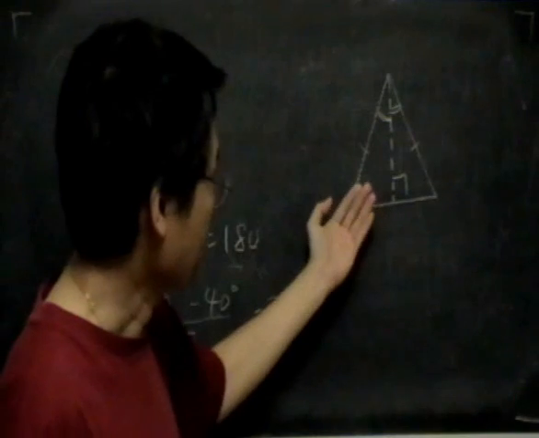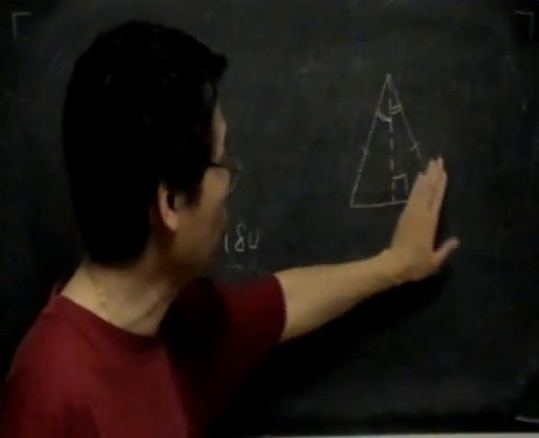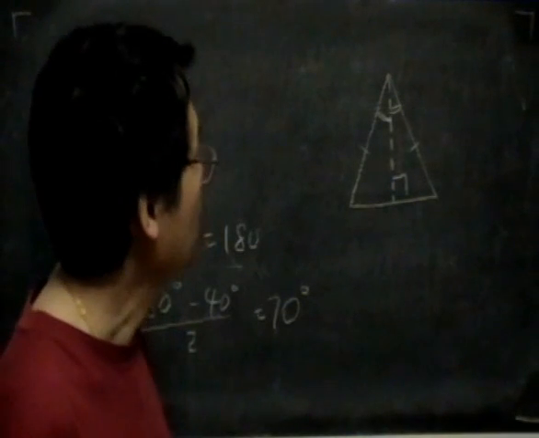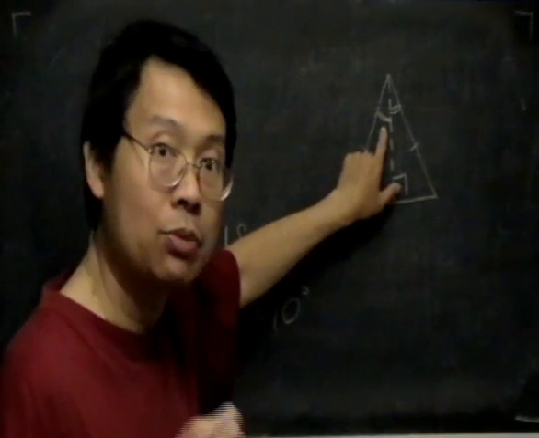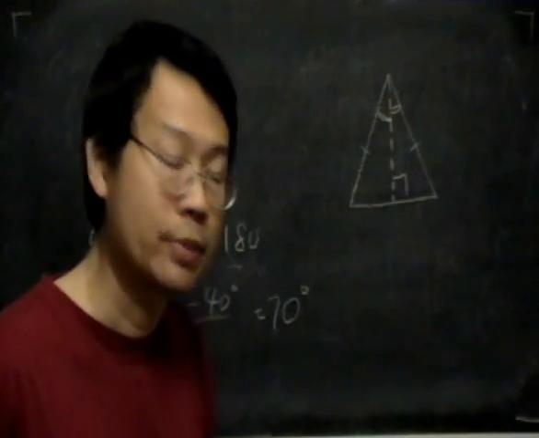You see, the left side looks the same as the right side. If you flip this over, it looks the same. So therefore, it is quite reasonable that the two angles are equal.